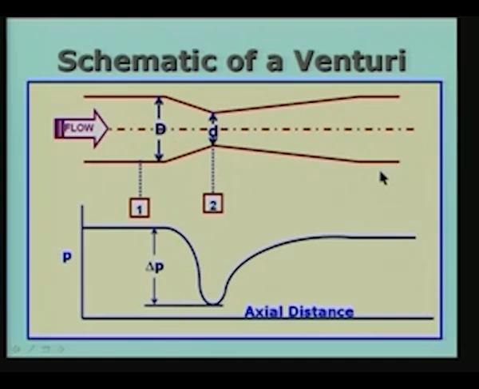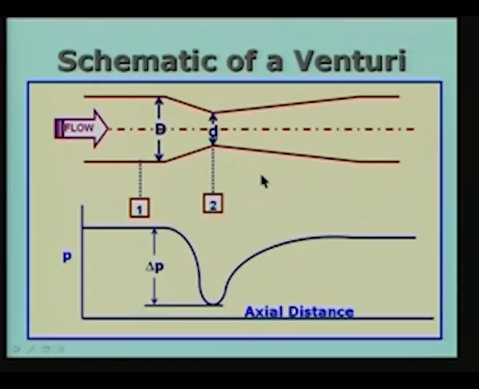The venturi itself is a fairly long thing compared to either the orifice plate, which is just a small plate with a hole in it, or the nozzle, which is a short thing, whereas here it is a very long thing. So, the disadvantage of the venturi is that it requires a long length for installation.